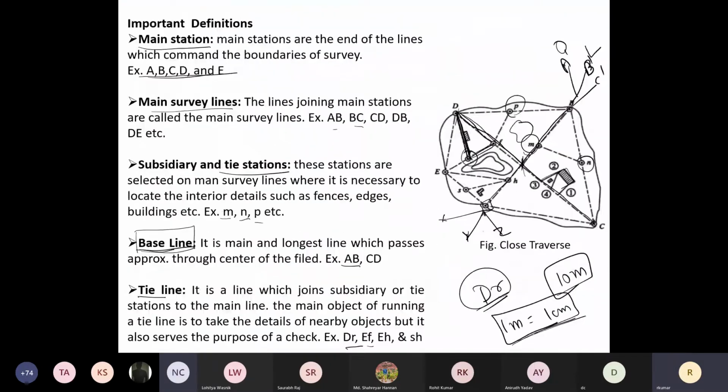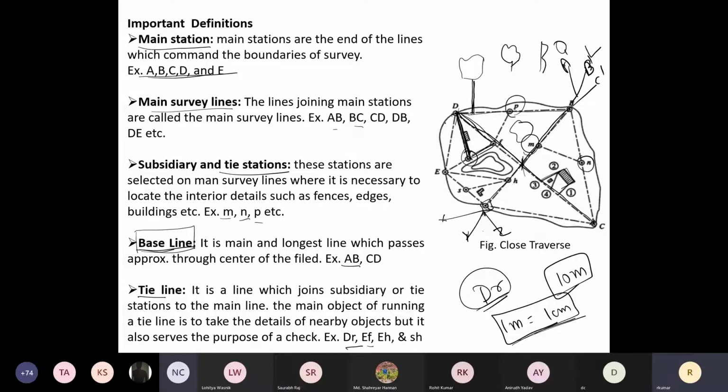Suppose you are going along this chain line DB. On either side of this chain line you have some permanent structure, such as a building, a tree, or a pole. So we can take the perpendicular offset or the oblique offset.